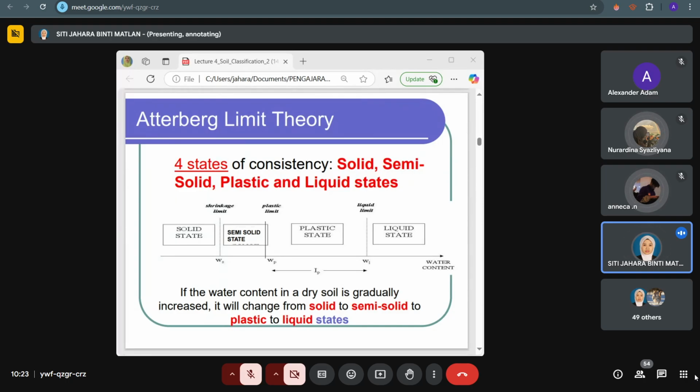These limits help us understand how soil performs in the field, which is especially important for foundation design, embankments, and slope stability assessment, and they change with the alteration in the moisture content of the soil.